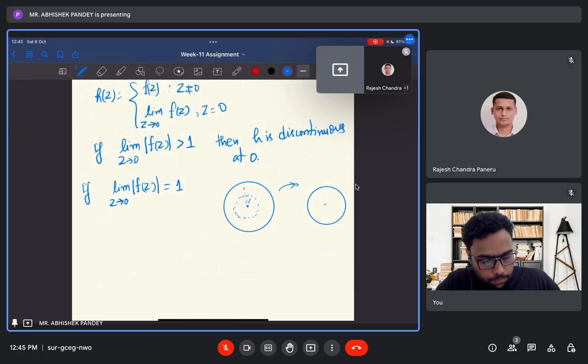But as you can see, the limit as z tends to 0, f(z) is tending to the boundary, so you have to include this boundary point 1 also. So the image of this will not be open, isn't it? So this case is not possible.